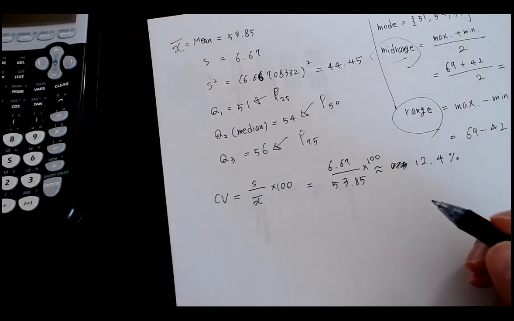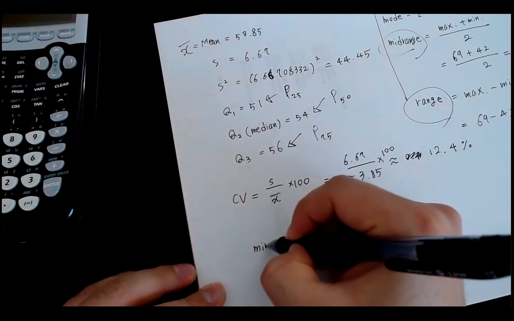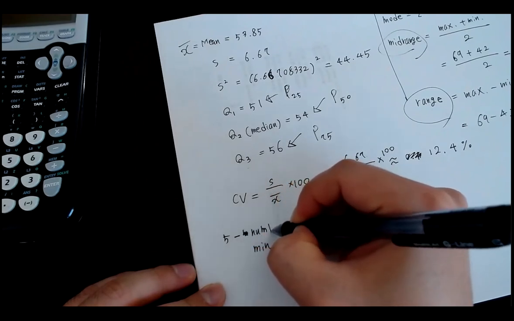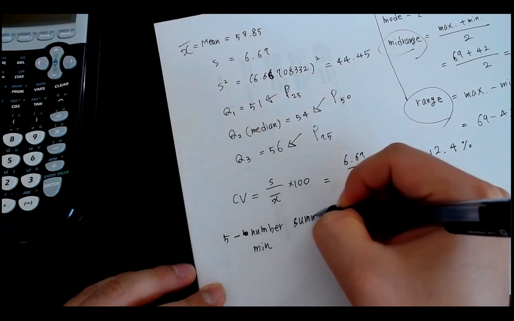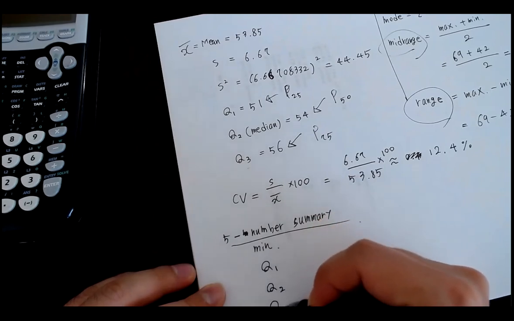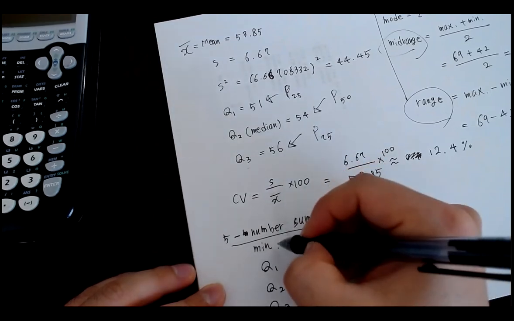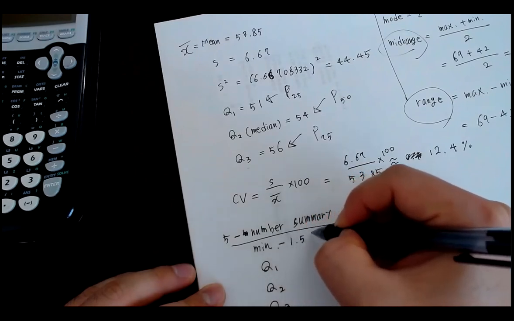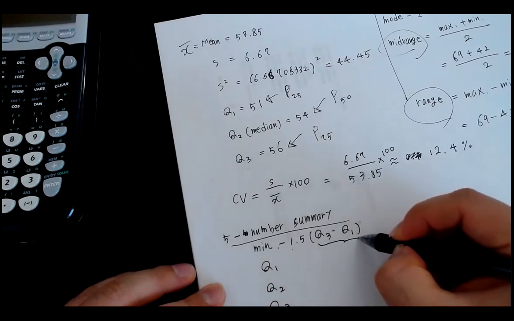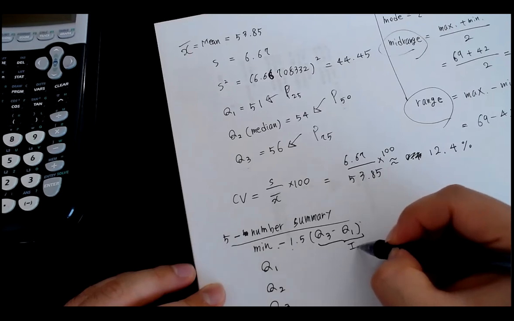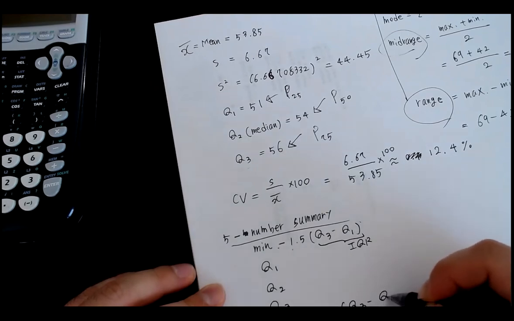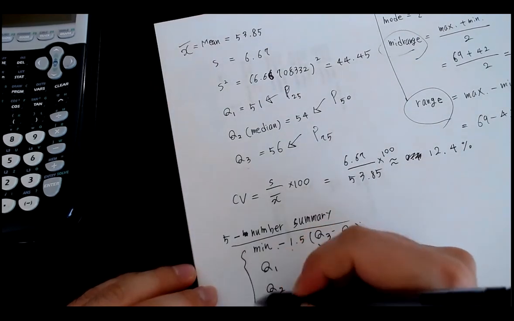The 5 number summary is minimum, Q1, Q2, Q3, and maximum. Then minimum minus 1.5 times Q3 minus Q1, that is called the interquartile range, IQR. And maximum plus 1.5 times Q3 minus Q1. These are related to the 5 number summary.